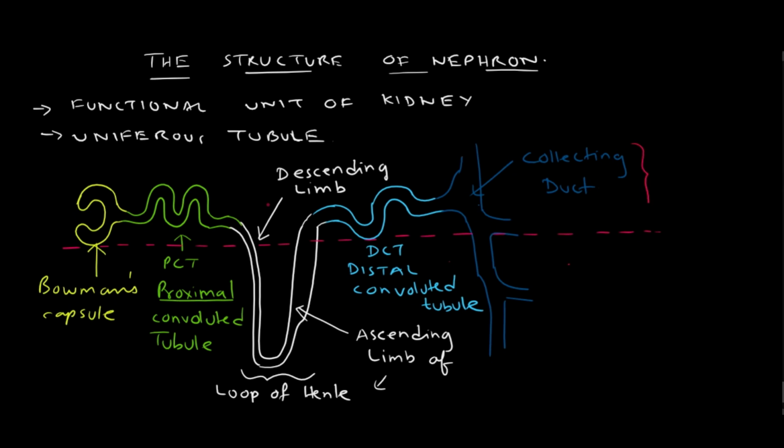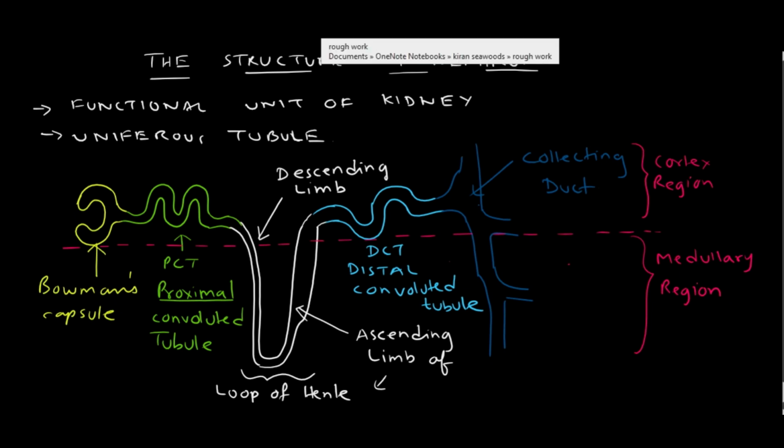So this much is present in the cortex region, whereas below this line these parts are present in the medullary region or medullary pyramid. We are going to see one by one how the nephrons work in a kidney.